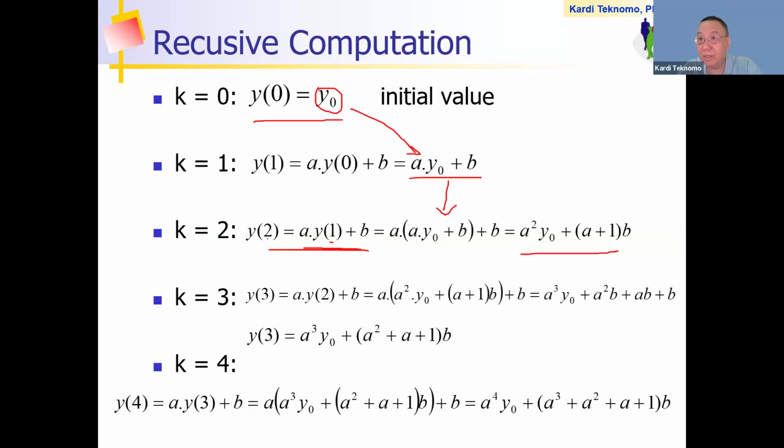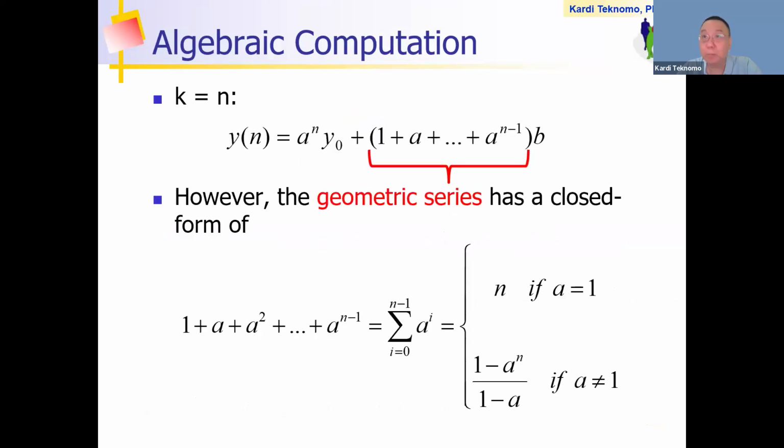Eventually, at k, we will see two terms here. The first term is a^k y_0. The second term is a series, and this series is actually a geometric series.